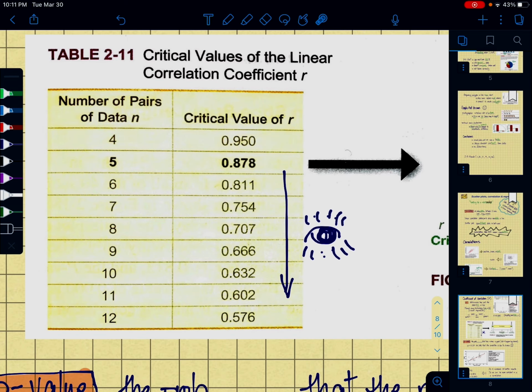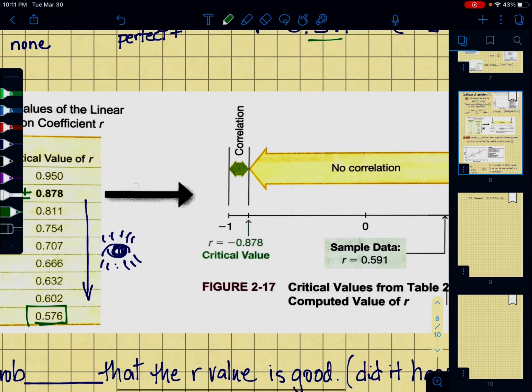We had 5, so therefore if our R value was less than 0.878, I think this should say between positive or negative. Likewise, you can see as it goes down, the more n values you get, the more you can trust, because anything above this, on the outsides of that value, is trustworthy, so to speak.